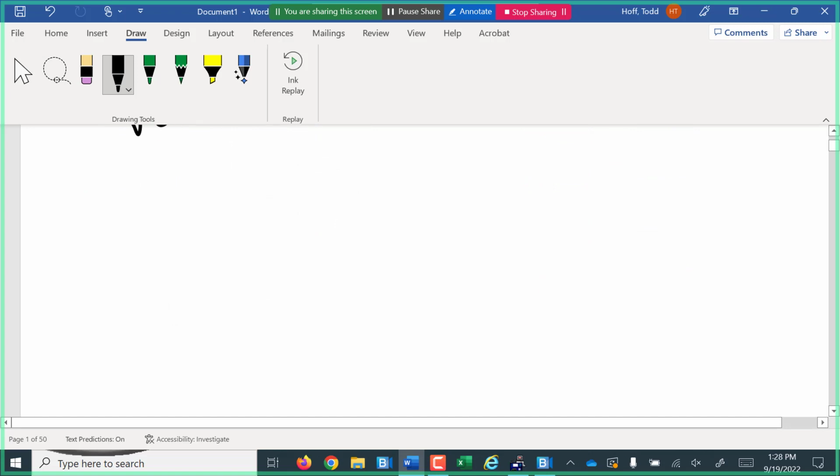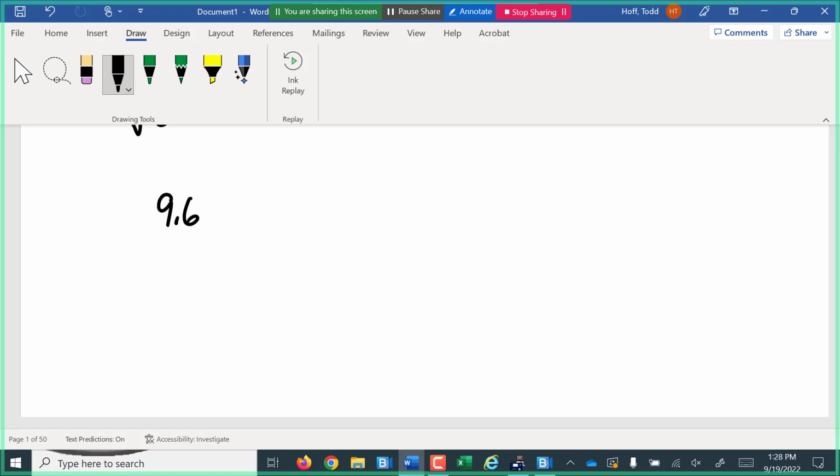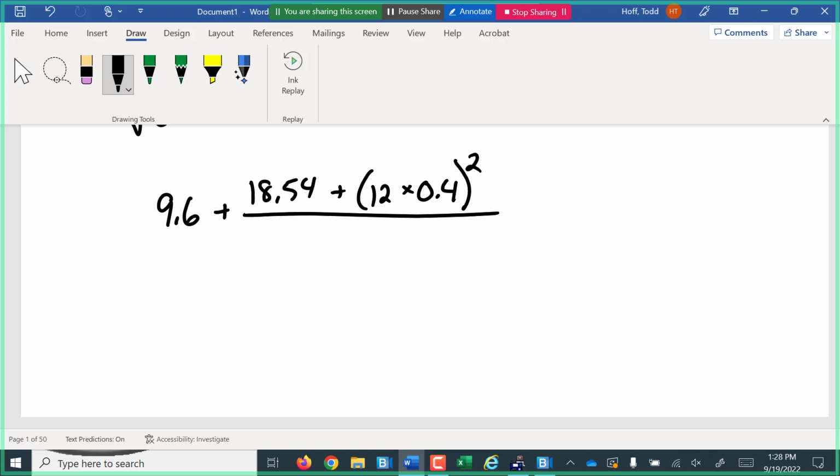So then the next step is to look at what happens when we take our decimals into our order of operations. Things that look like this. 9.6 plus 18.54 plus 12 times 0.4 squared over 6.8 times 0.8 minus the square root of 2.25.